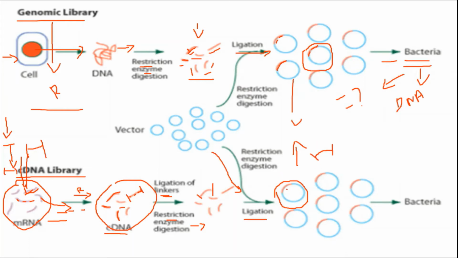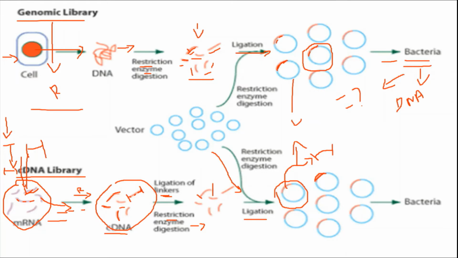Don't worry, because we are taking the mRNA and producing the cDNA from the mRNA, so the expressed genes are there. But in the genomic library, maybe the expressed genes are there, and maybe the non-functional genes are also there. So there's a basic difference. And also where we take the gene of interest from is one more difference.